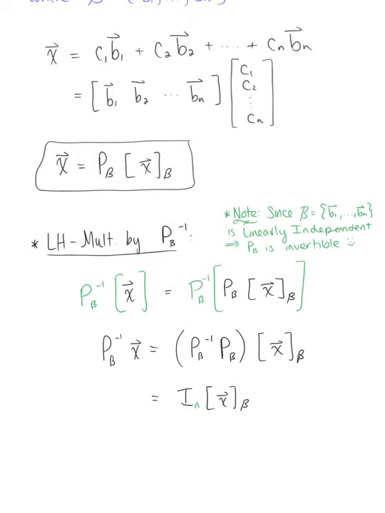And again, by properties of matrices, anything multiplied by the identity matrix is left as that same thing. So we are just left with the coordinates vector. This gives us an alternative way to find the coordinates of vector x relative to basis B.